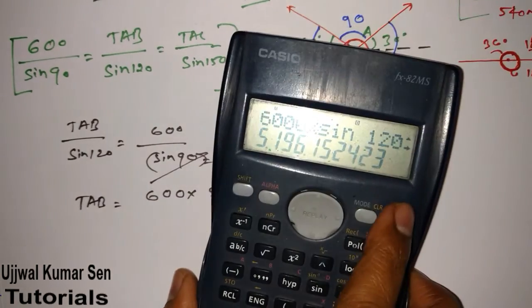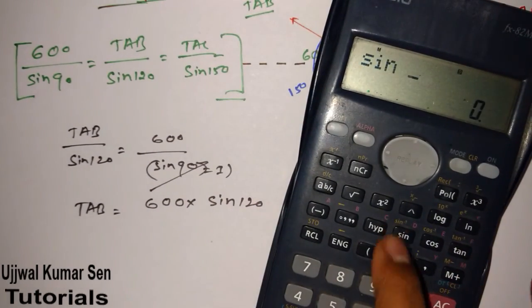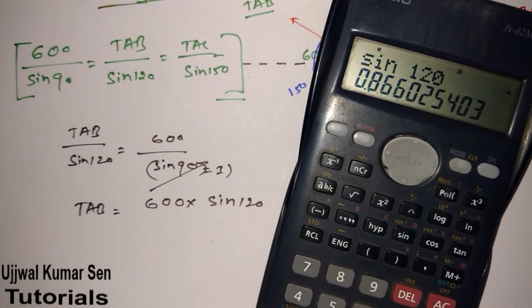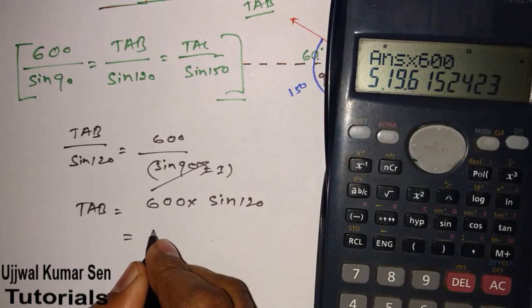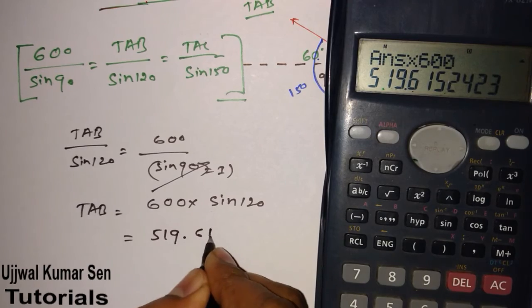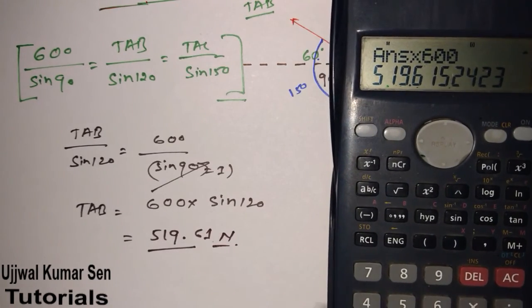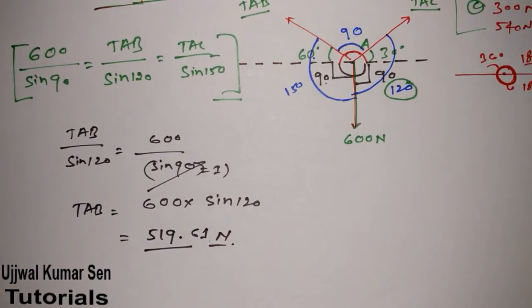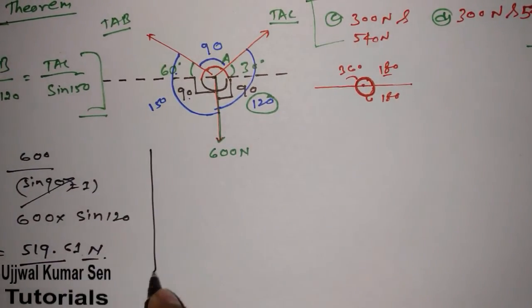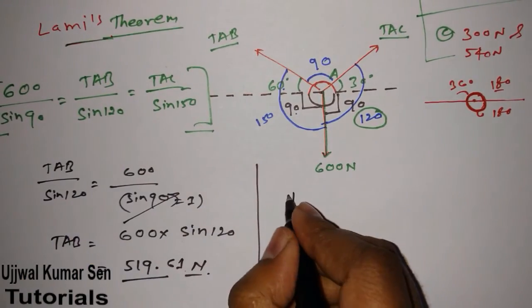Now multiply here, 600 multiplied by sine 120. So just a second, sine 120 multiplied by 600. Yeah, so how much did we get? 519.61. Its unit is Newton. Okay, now let's come to the next. We can have a relation also.